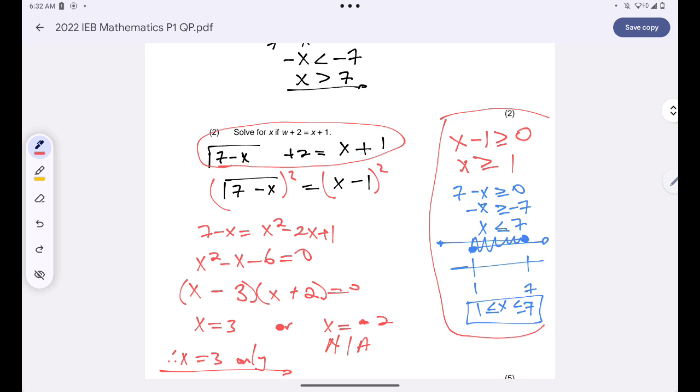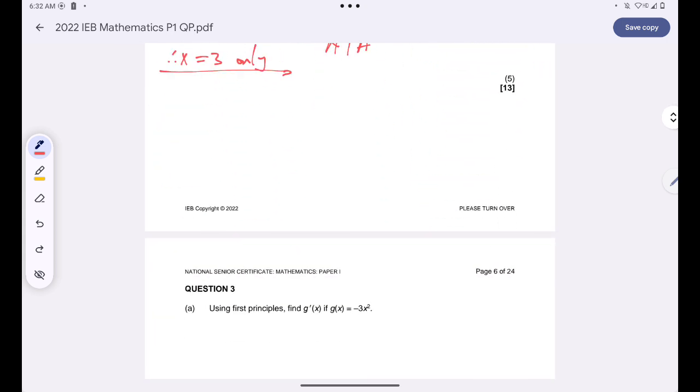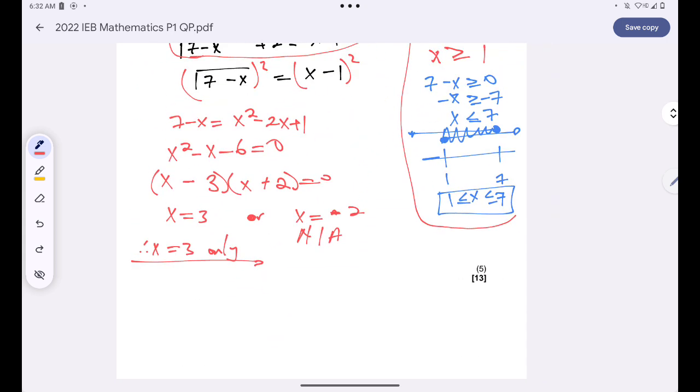But if the left hand side is not equal to the right hand side, that x value is not valid. So if you take 3 and substitute there, you'll find that the left hand side is equal to the right hand side. But if you take negative 2, the left hand side will never be equal to the right hand side. That's how, guys, we could have tackled the first two questions.